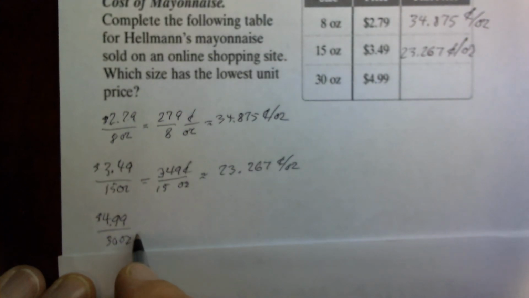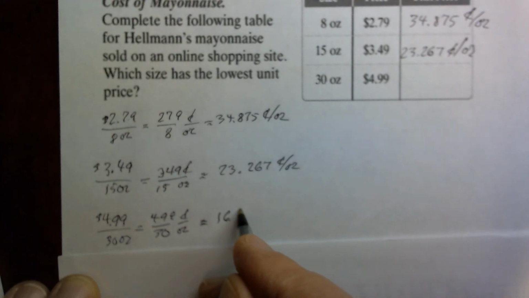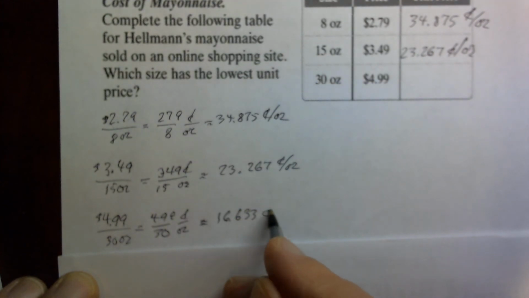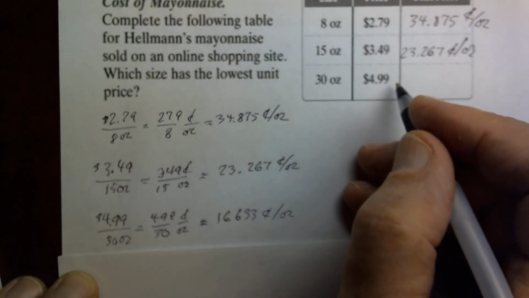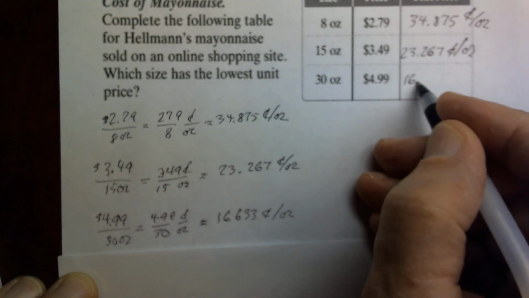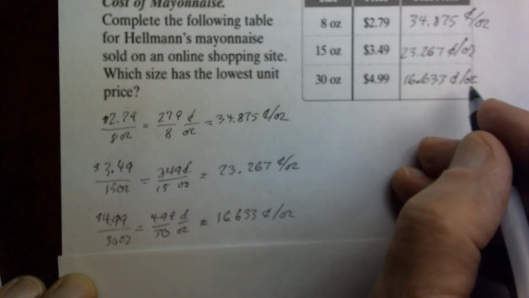So it's 499 divided by 30 cents per ounce, and that's equal to 16.633 cents per ounce.